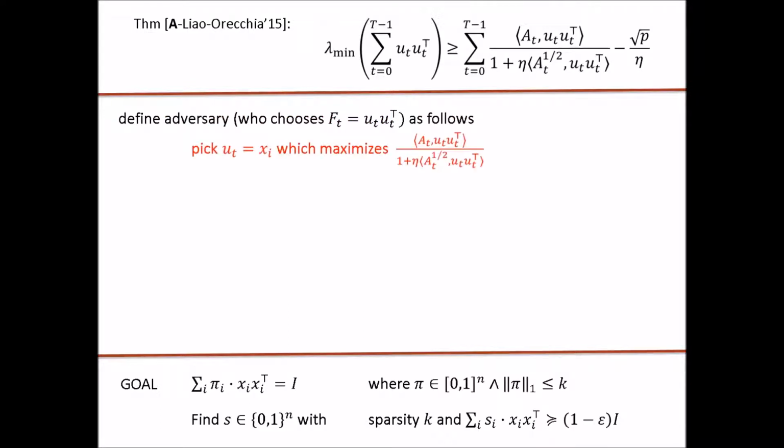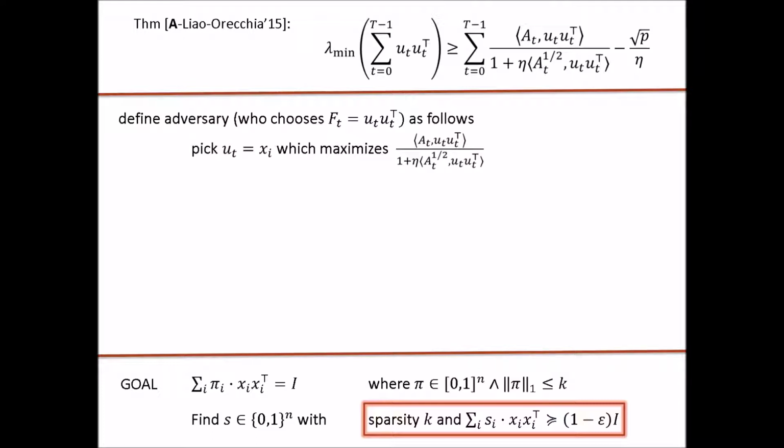In each iteration, I want to define ut to be one of the data vectors xi which maximizes this term, the minus of the down payment, every iteration. It's exactly this quantity above. I want to pick the xi which maximizes this quantity. And how large could this quantity be?